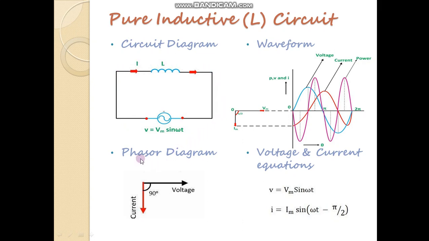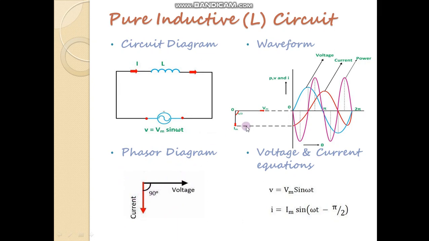When the circuit contains only an inductor, the current lags the voltage by exactly 90 degrees. See here in this phasor diagram, we have taken the voltage as reference phasor, and if you see the rotation of these two phasors in the anticlockwise direction, then this current is lagging this voltage by exactly 90 degrees.